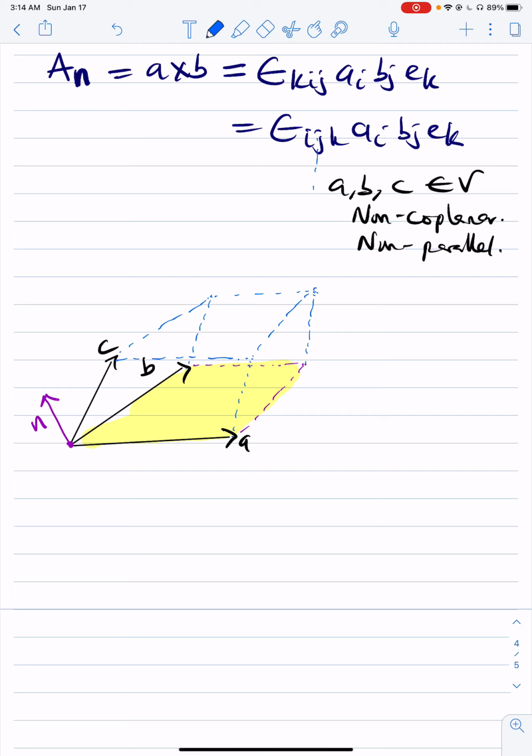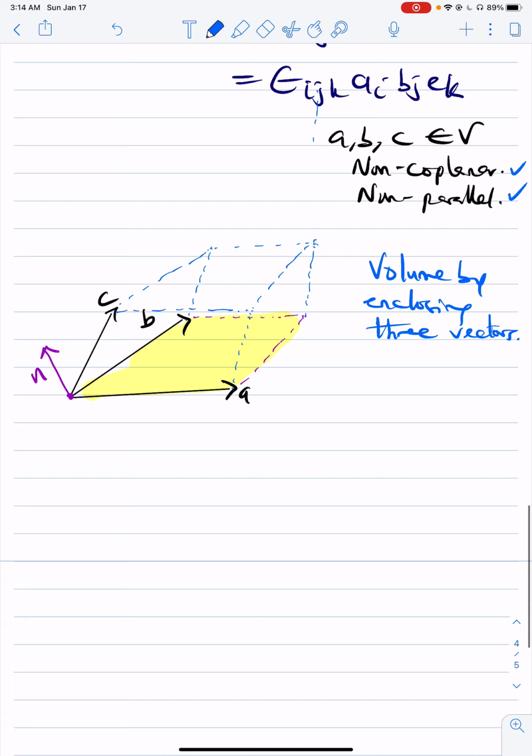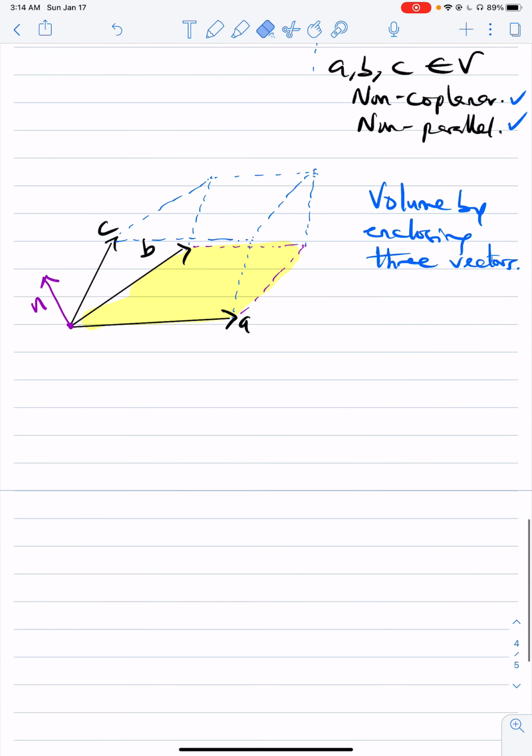By looking at my sketch, you can see that I've been able to form a volume by enclosing three vectors, which, if you remember, are non-coplanar and non-parallel, meaning they don't lie on the same plane and they're not parallel to each other. Right. Now, if you look at it, this area here is A cross B, right?